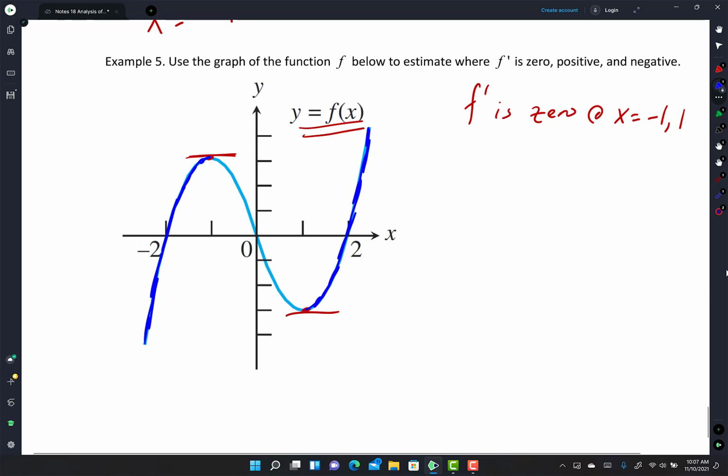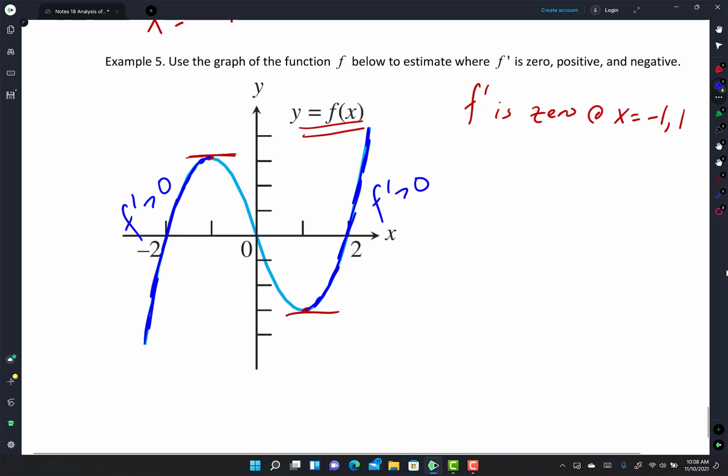The F. That's where F is increasing. If you say slope increasing, that means F prime is going up. We're going to talk about how to say things correctly. F prime is positive in these 2 locations because that is where F is increasing.